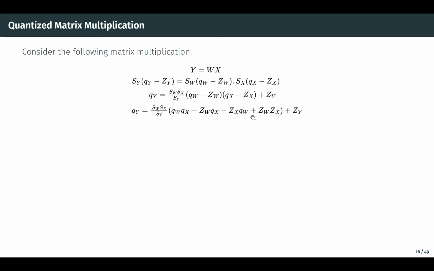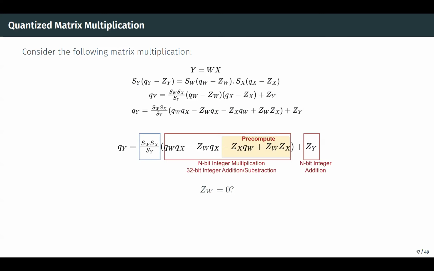And then you notice that to find the quantized output, we simply multiply the quantized inputs with the weights, subtract the zero point of the weights multiplied by the quantized input. As you can see, the Z of the weights and the inputs are also multiplied together. And then you add the Z of the output.